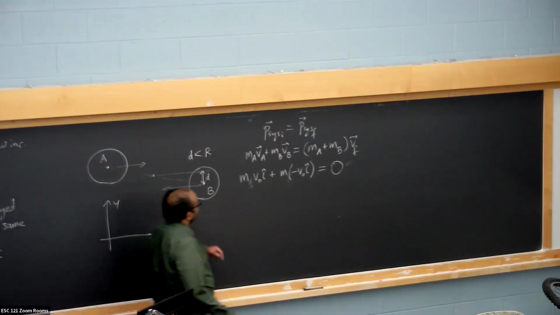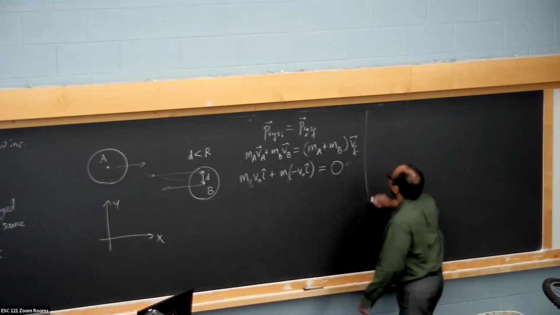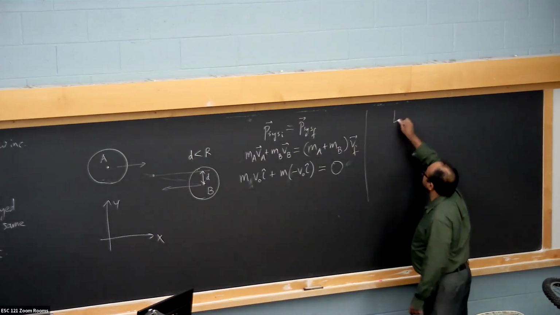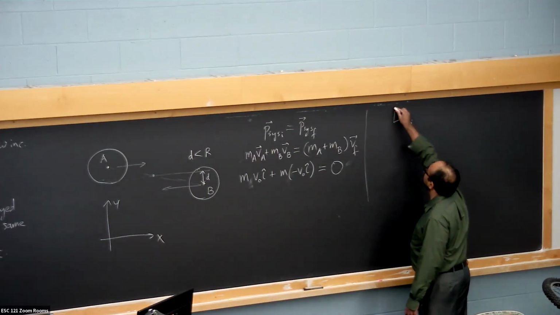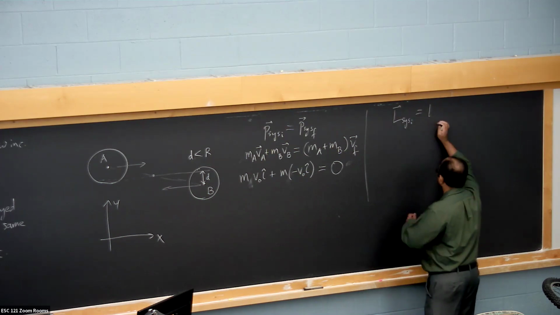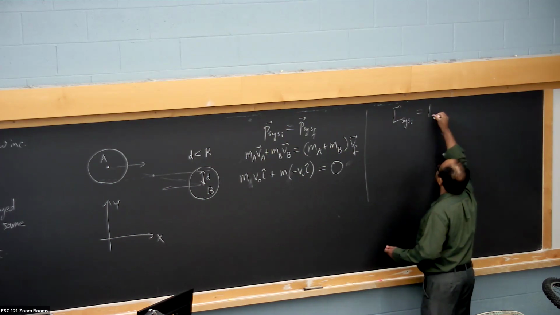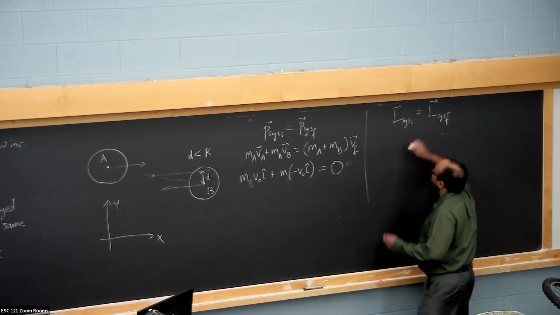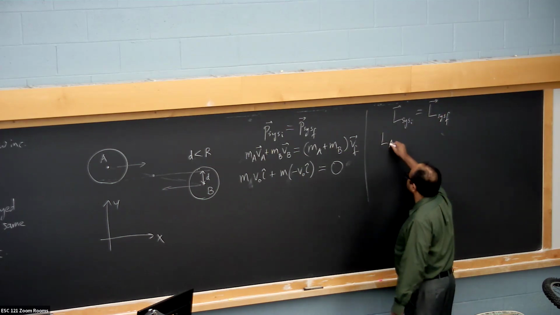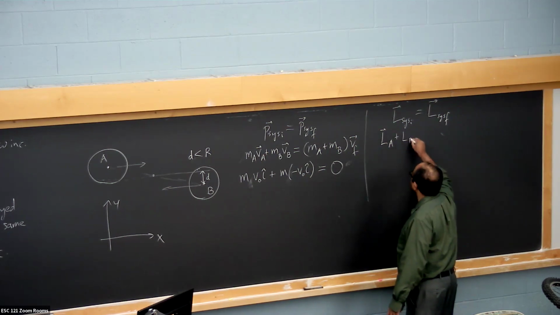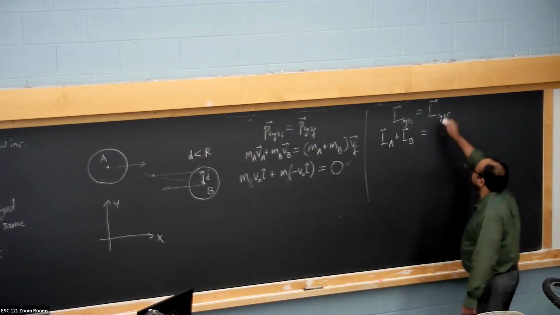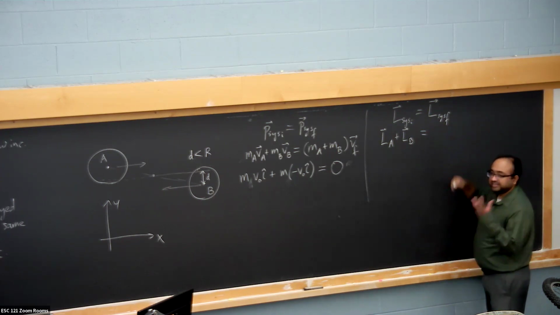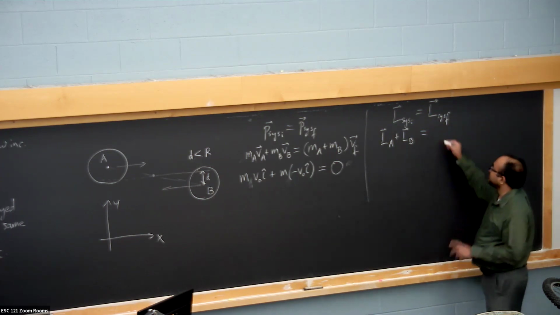Okay, so if there are no external torques, then I should have L system initial equals L system final. And so here I have L_A plus L_B. And then in the end, they stick together, form a single object and start spinning.